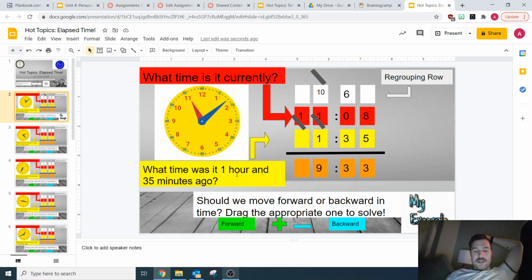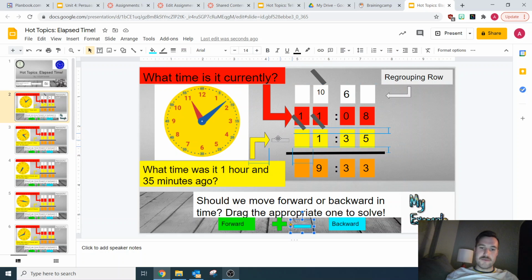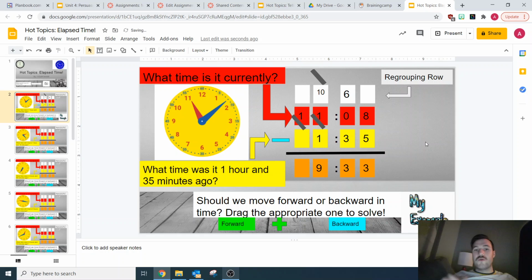And then the question asks me, okay, what time was it 1 hour and 35 minutes ago? Well, was is moving back in the past, so what time it used to be, so we're going to have to subtract that time. Now, a big thing to keep in mind is that normally when we regroup, we are regrouping in tens or hundreds or thousands, but time's a little bit different because there's only 60 minutes in 1 hour.